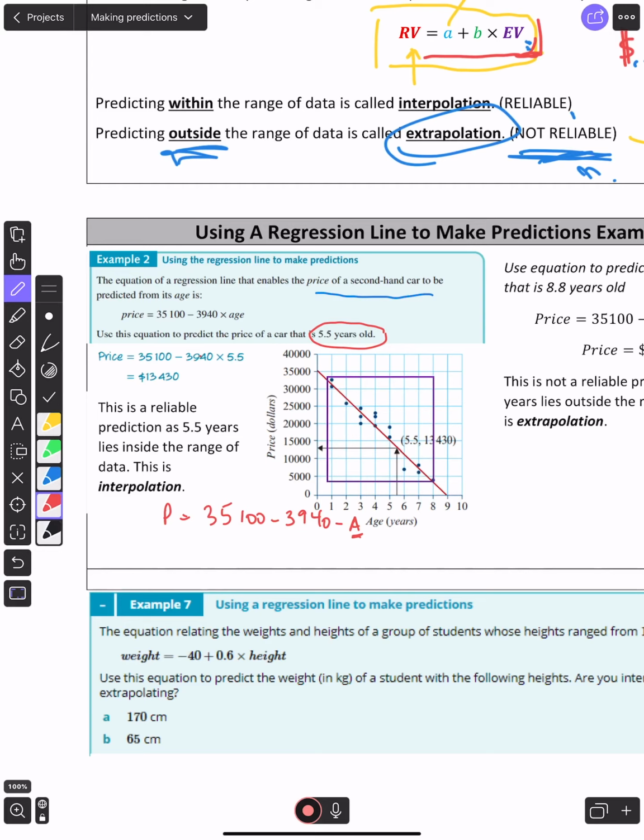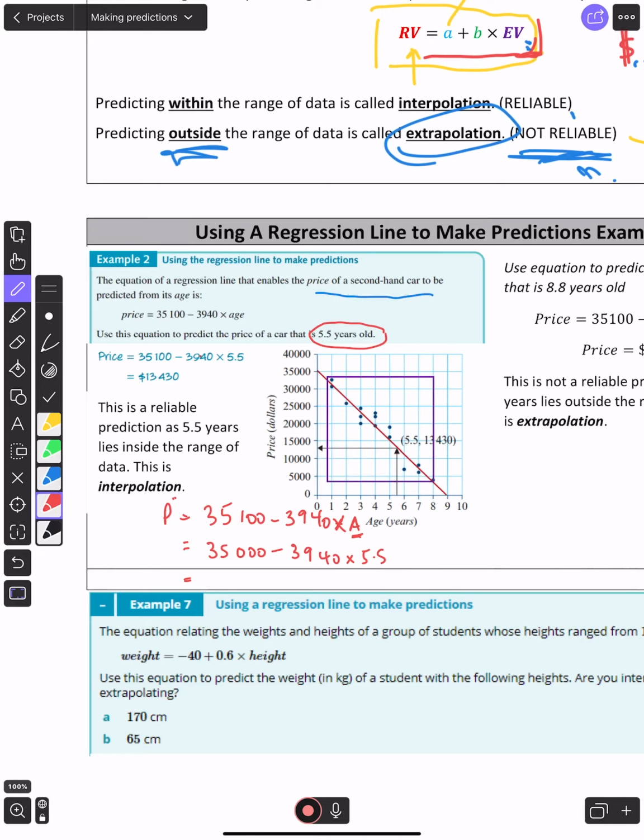So the second step is you're going to sub in what you've got. So just following the same rule, and then that was times 5.5. And whenever you're finding the RV, it's really simple. You just put that part in your calculator.